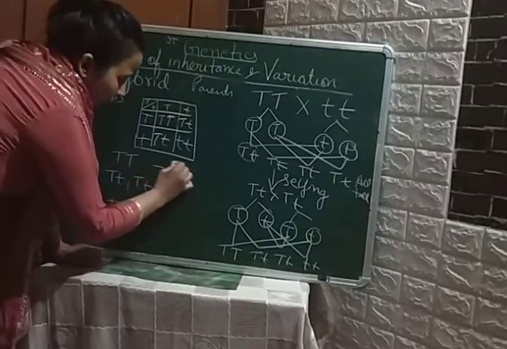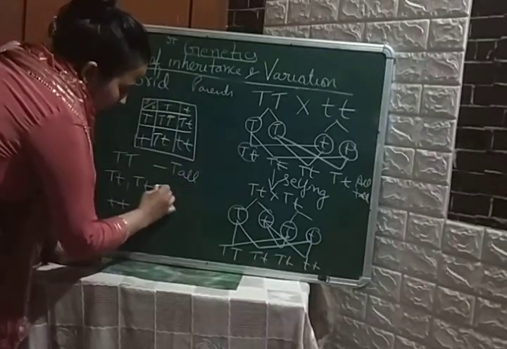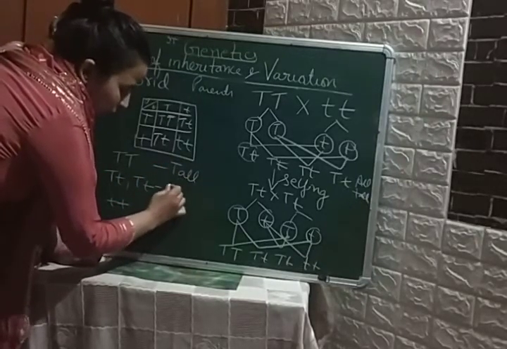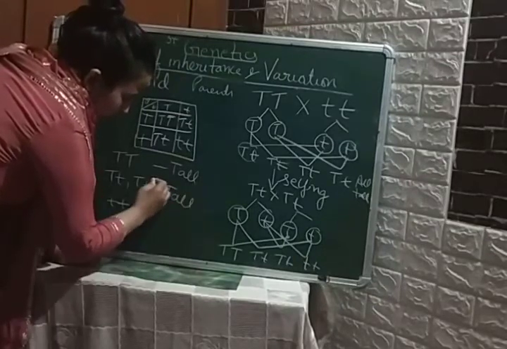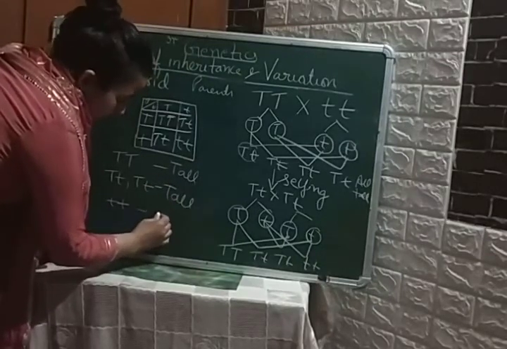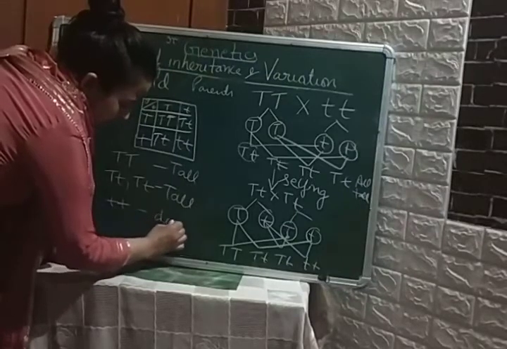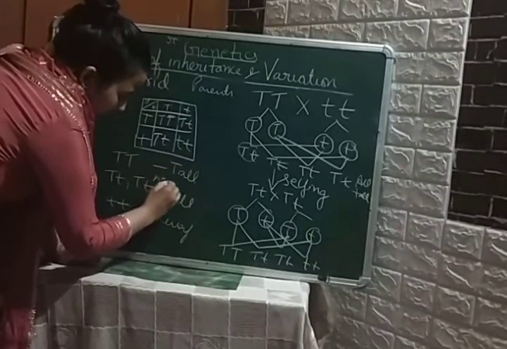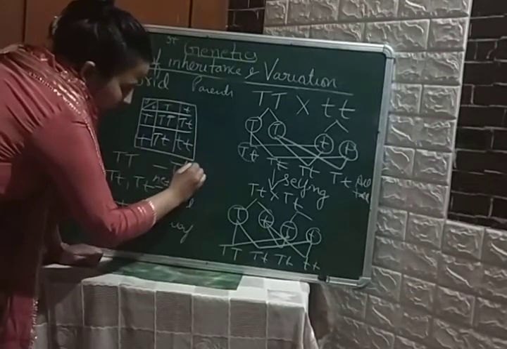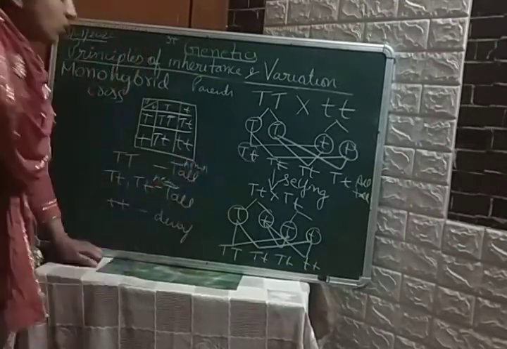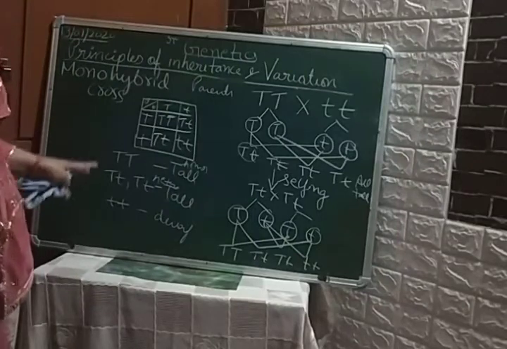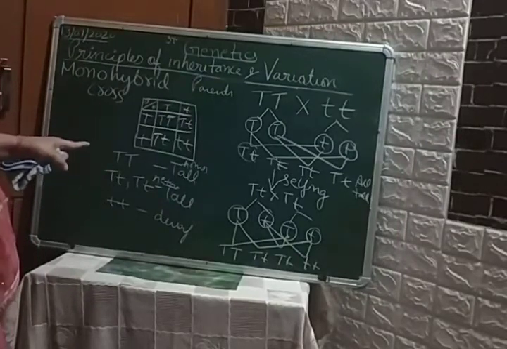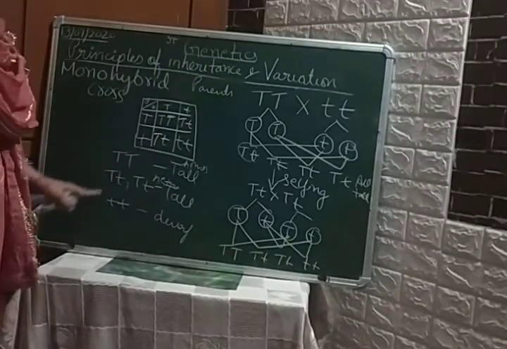It will be your homozygous tall. It will be your heterozygous tall. Okay, heterozygous, and it would be your homozygous dwarf. Okay, right here heterozygous and right here homozygous. So what is the phenotypic ratio of your F2 generation?